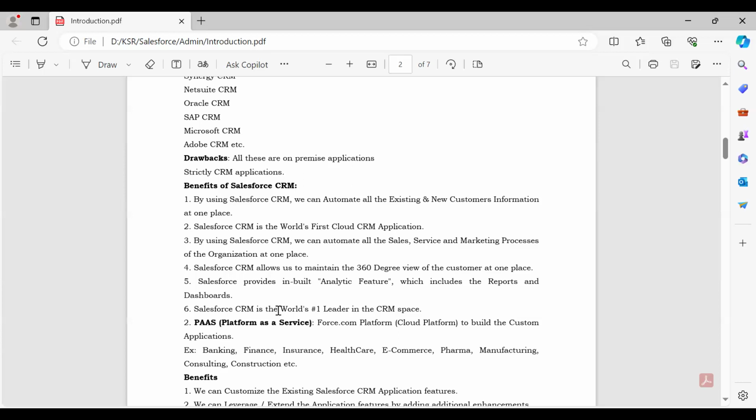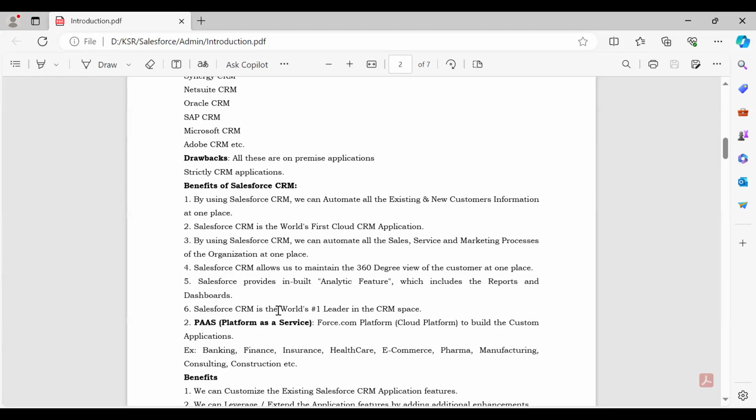But Salesforce is not offering products for all industries, because we have so many industries, like banking, insurance, finance, construction, real estate, pharma, manufacturing, textile, agriculture, consulting, IT. We have so many industries.